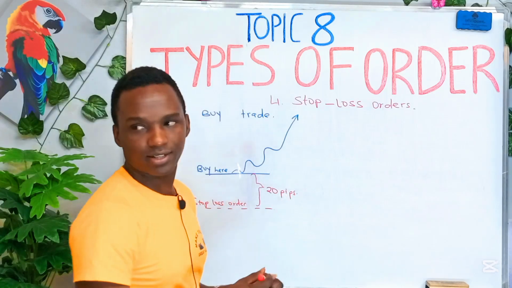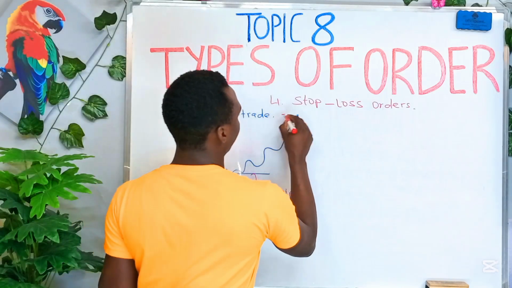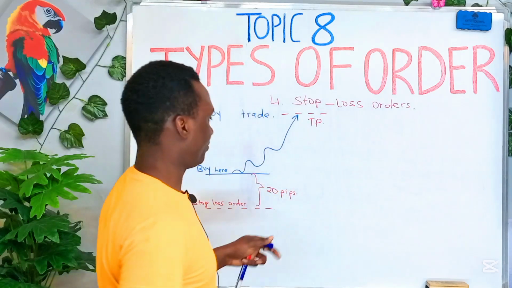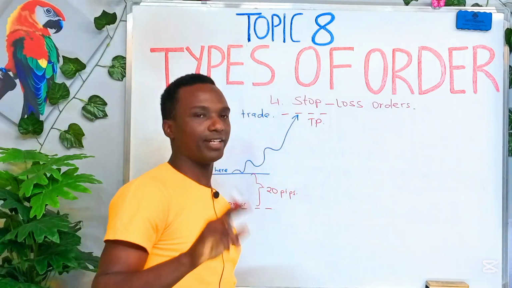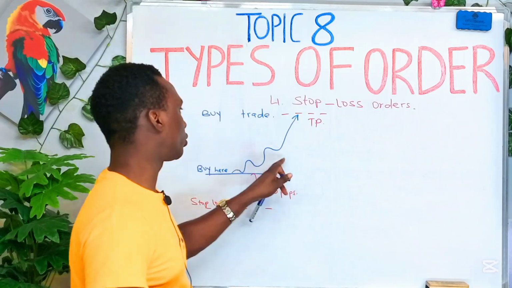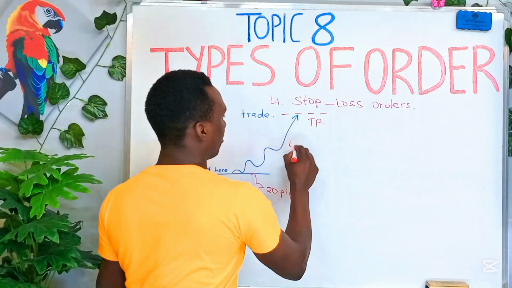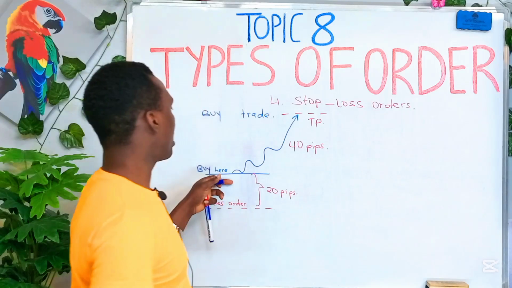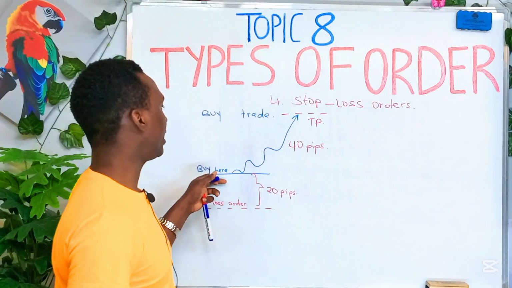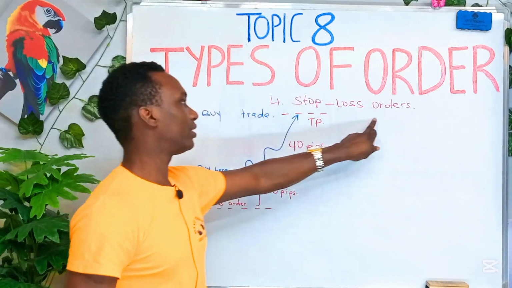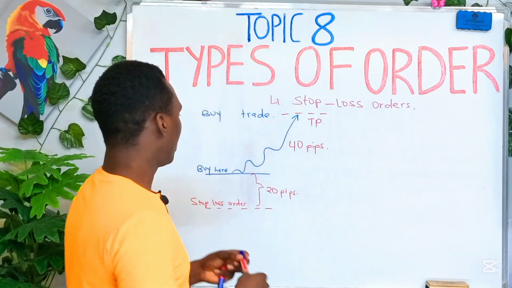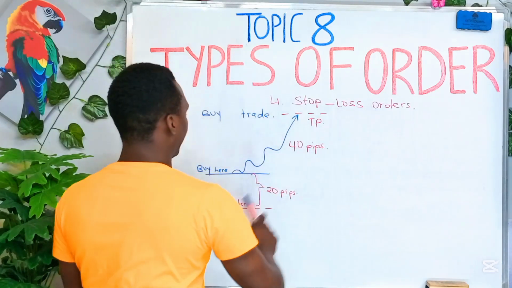Where is our take profit? Up there, our TP is there. If you use a risk to reward ratio of 1 to 2, this will be around 40 pips. We are buying low and selling high in the case of buys. So our stop loss order is here.